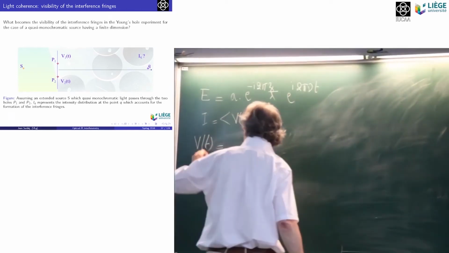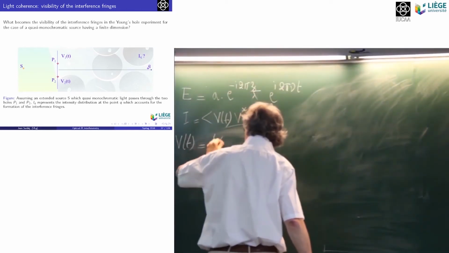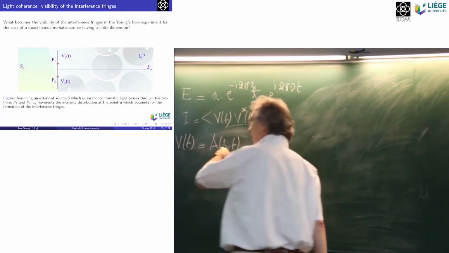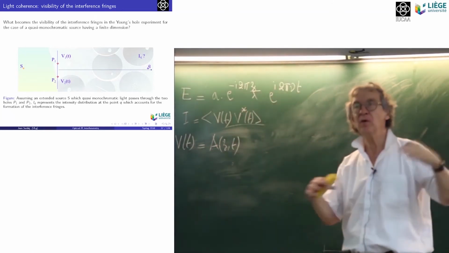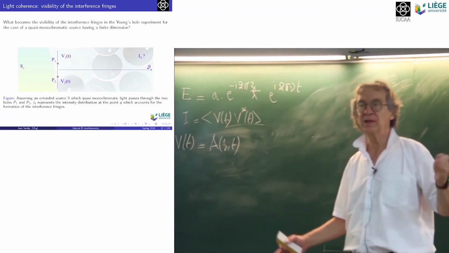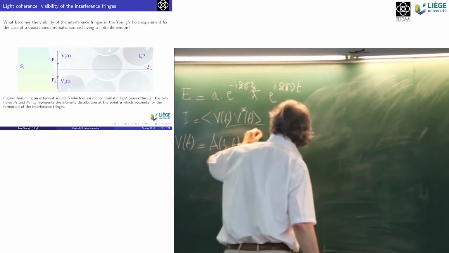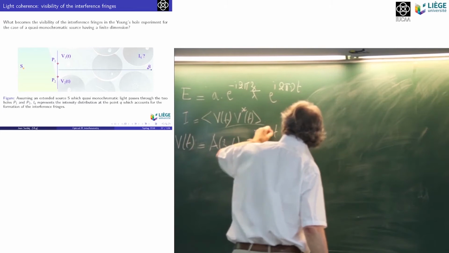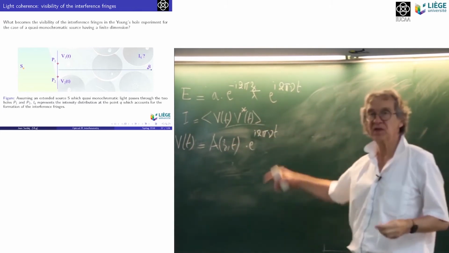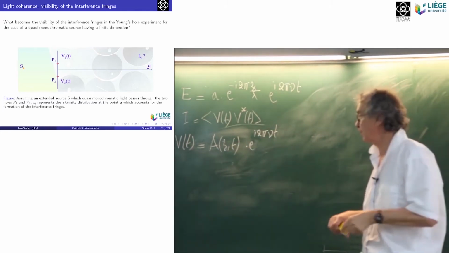What we did before is that I can represent the electric field as a complex amplitude, varying very slowly with a frequency delta nu, multiplied by a factor, this frequency still being a function of time.